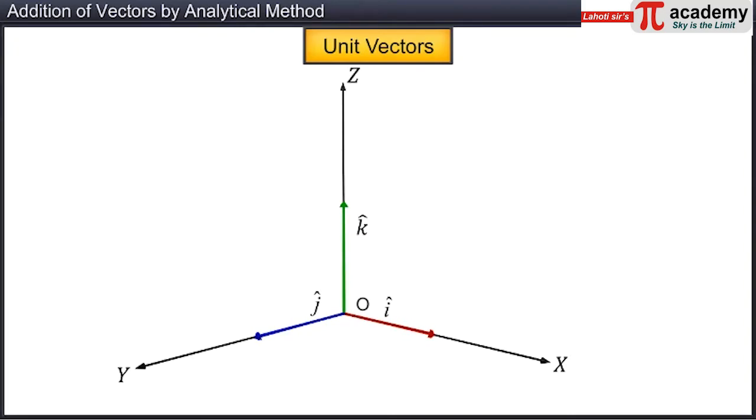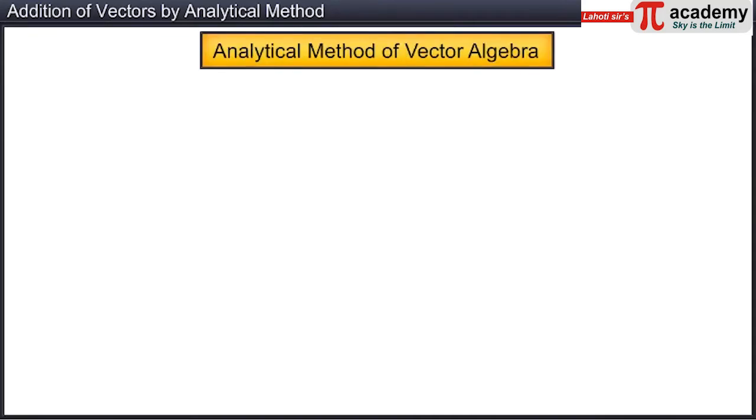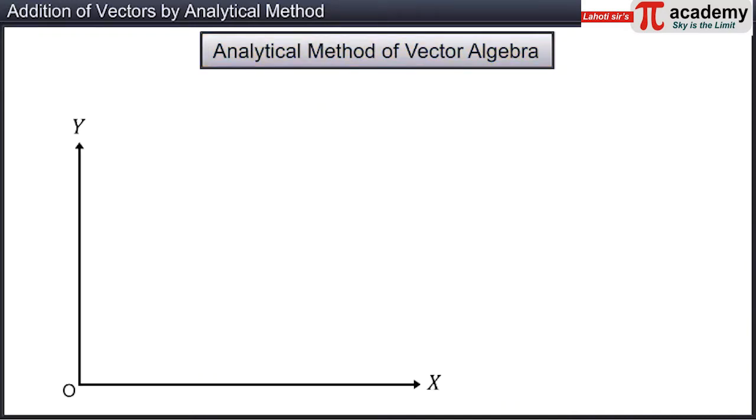These three unit vectors are perpendicular to each other, as the three rectangular coordinate axes are perpendicular to each other. Now, let's see how vectors are added by the analytical method.